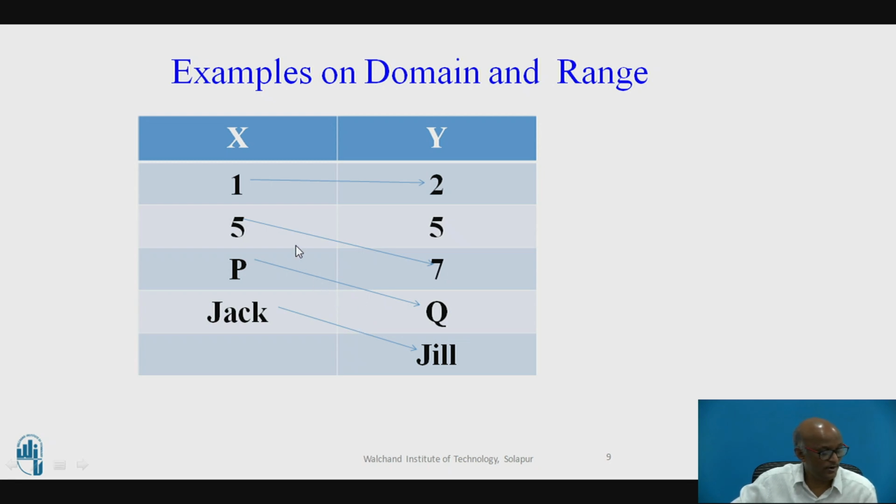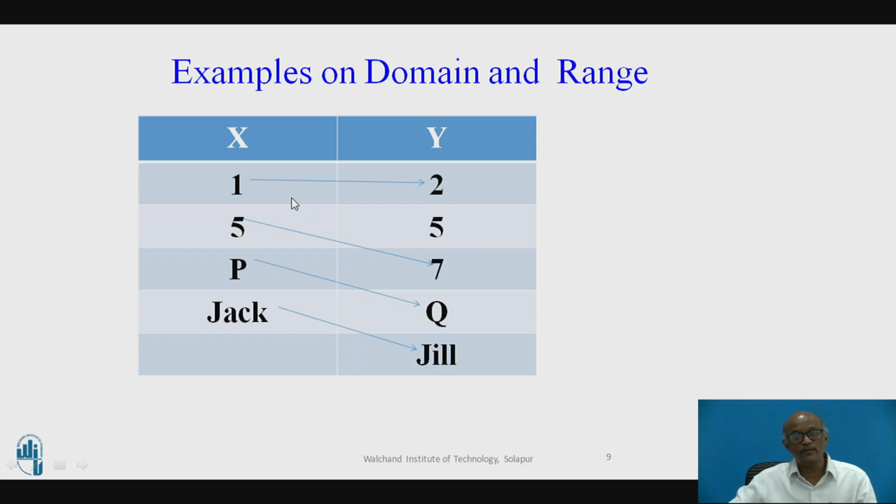Now, let us see what are the elements which are involved from the set x. From set x, 1 is involved, then element 5 is involved, mapped to element y as 7, then p is involved in the mapping with q, and jack is involved in the mapping with jill.